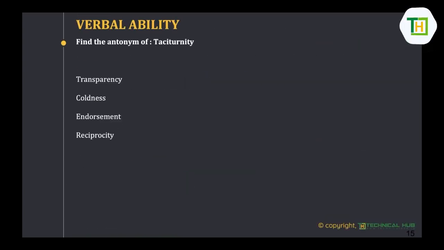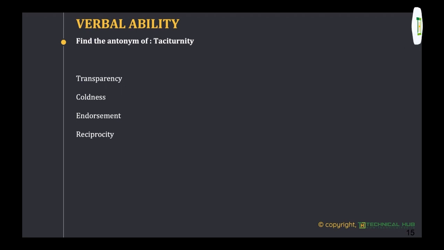Next one. Find the antonym of taciturnity. Taciturnity antonym. What do you mean by taciturnity? What do you mean by that?